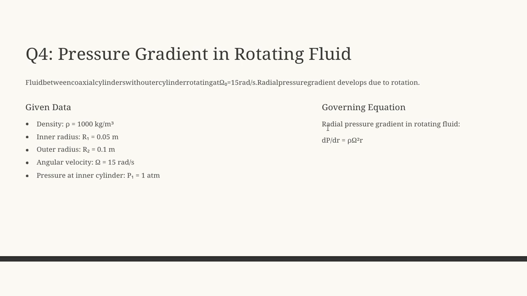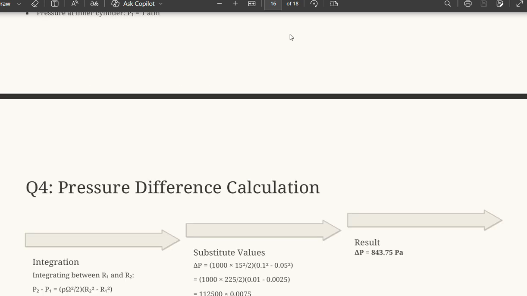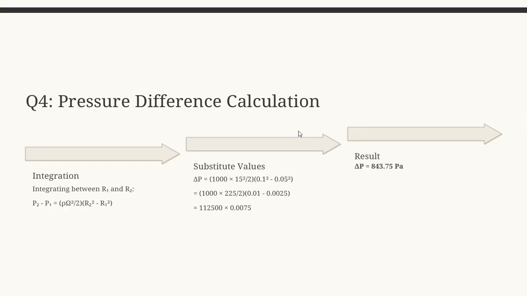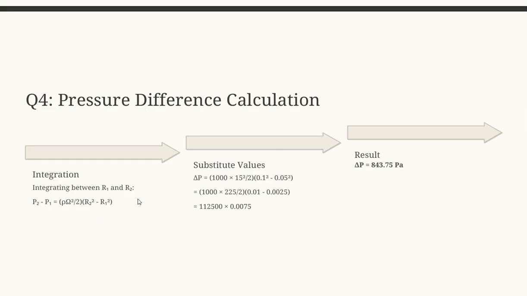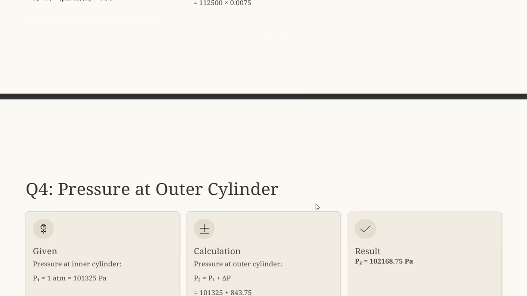We know the equation for the radial pressure gradient in rotating fluid: dp by dr equals rho omega square r. After integrating this equation, we get this equation, and by substituting the given values, we get delta P equals 843.75 Pascal.